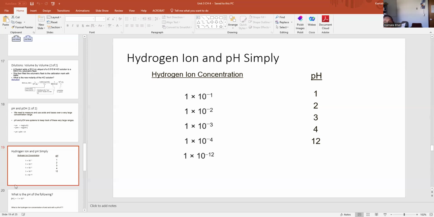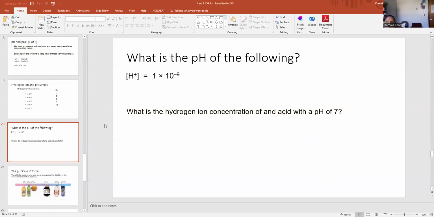Now, if the pH of a solution is 1, then pH plus pOH is equal to 14. So therefore pOH is equal to 14 take away 1, which is 13. In that way, you can find out.